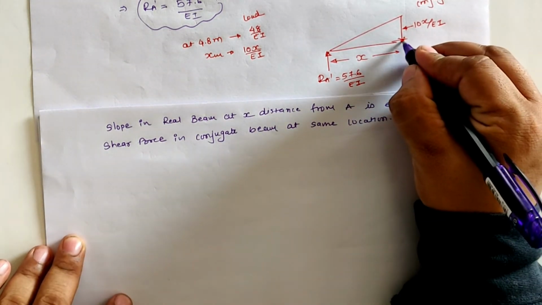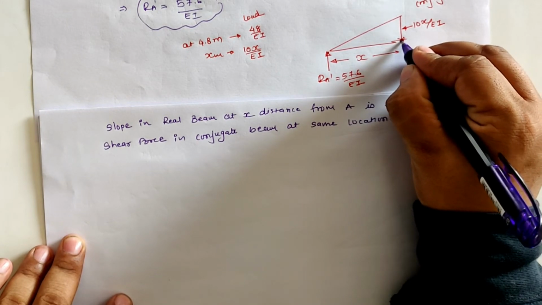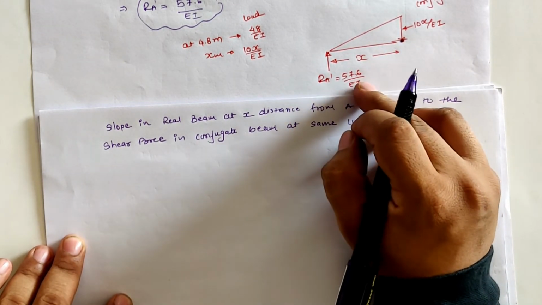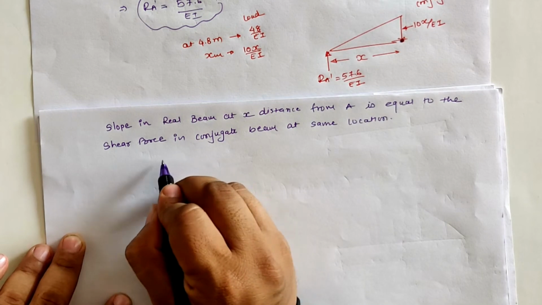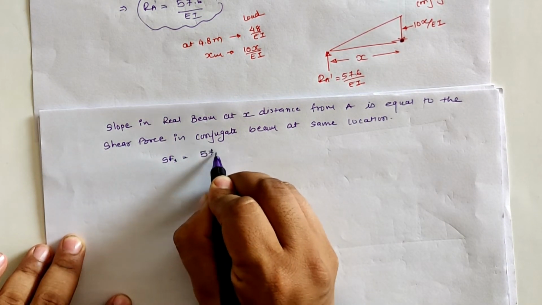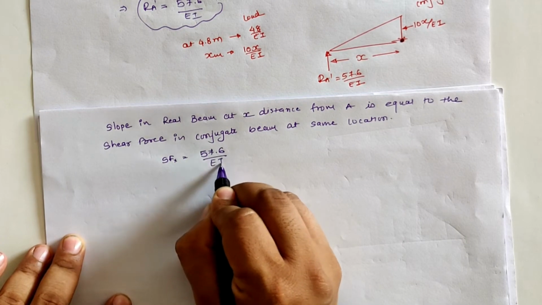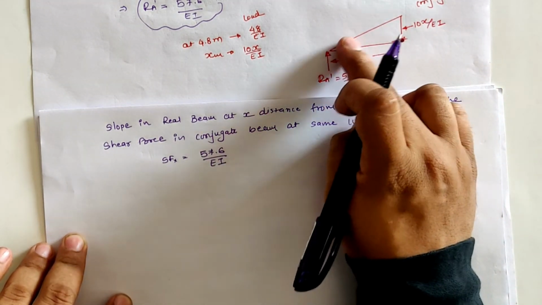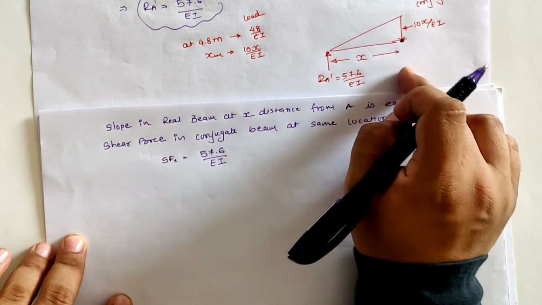So if we take the shear force at this location, then it is 57.6 by EI in the upward direction and the UVL of 10x by EI in the downward direction.